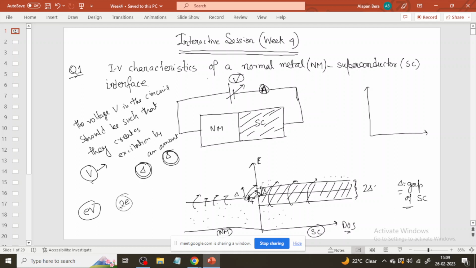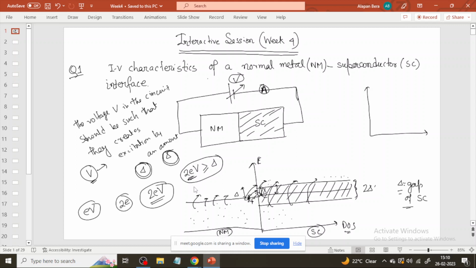So if we apply a voltage V across a Cooper pair, its total energy will be 2eV. As per our condition, to get a flow of current, this 2eV should be greater than or equal to delta. So the change in energy must be greater than or equal to this gap, so that the electron can jump into this region.